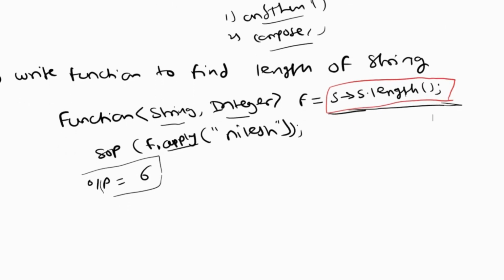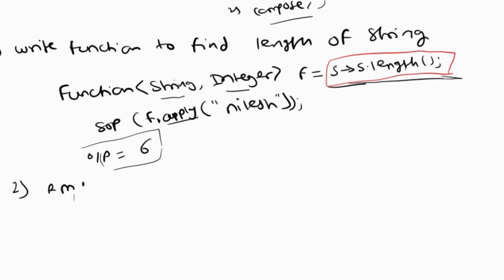Let us discuss another question, so you will feel more confident about it. Sorry, I didn't pick up the pen, that's why. The second question is how we can remove the spaces in between the string. Remove spaces in the string.